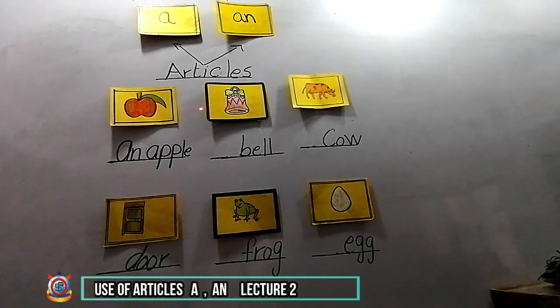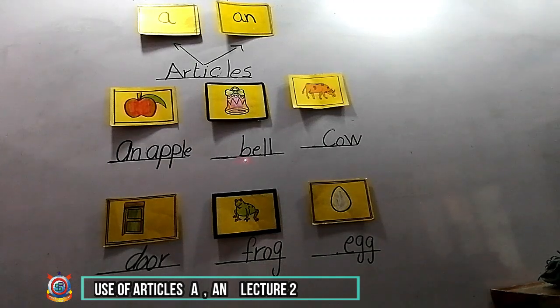Very good. Now come to the second picture. What is this? B-E-double-L. It makes bell. What is this? Bell. Very good. The starting letter is B. So what do you think? Is B a consonant or a vowel?